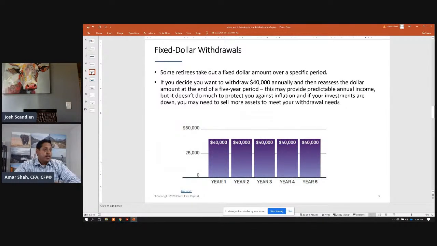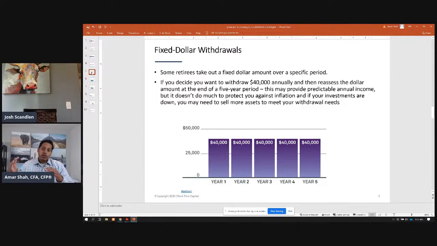So the next thing is taking a fixed dollar amount out, right? If you have a retirement account and you say, I need $40,000 annually, and I can reassess periodically how much I need, then you can use this method.